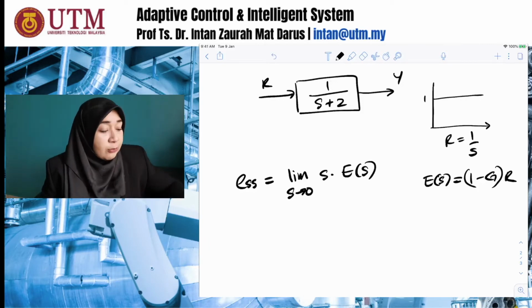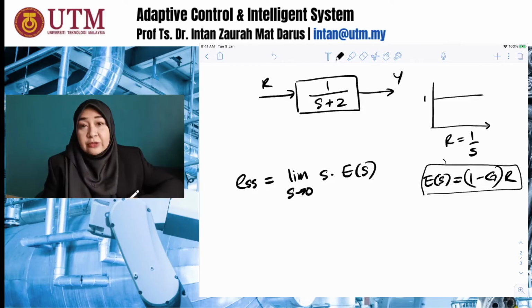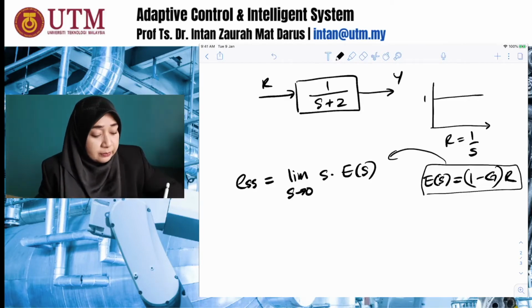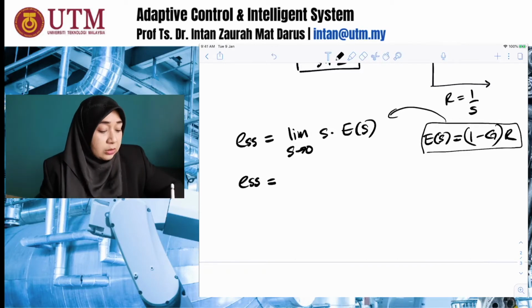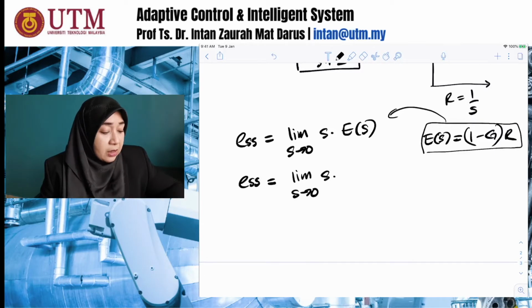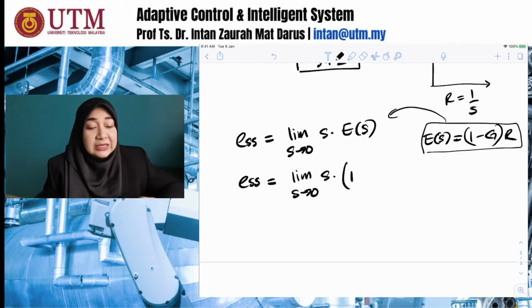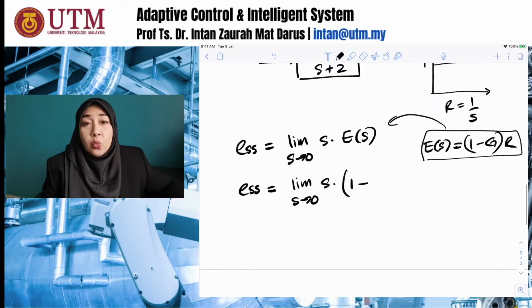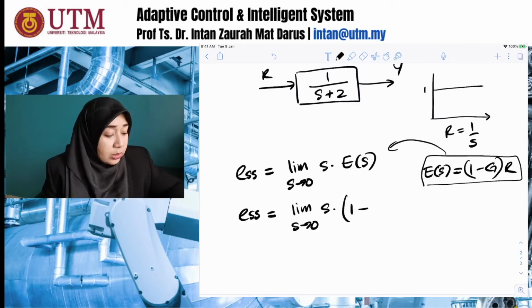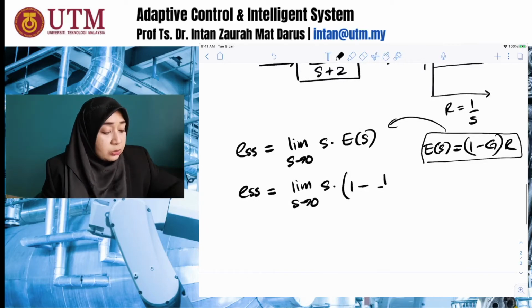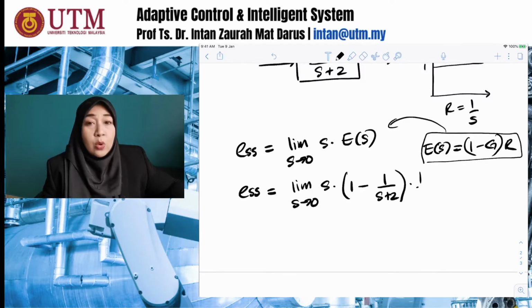So I'm going to substitute that into my final value theorem. It is equivalent to the limit as s goes to 0 of s multiplied by 1 minus G, and in this case G is 1 over s plus 2, multiplied by the input, a step input, 1 over s.